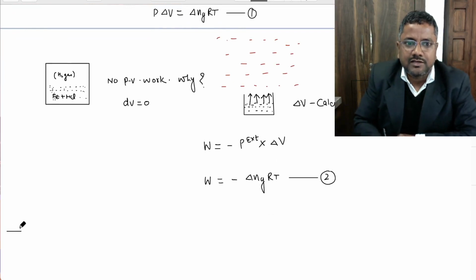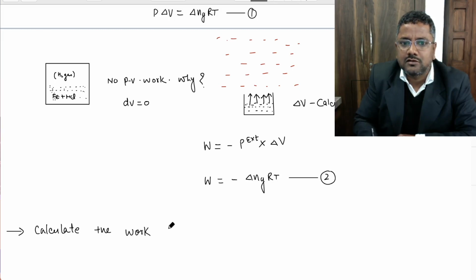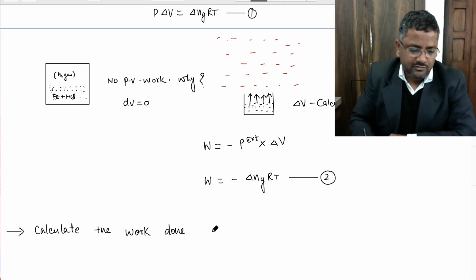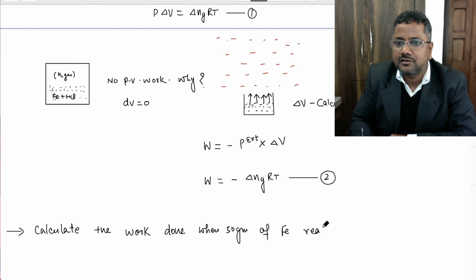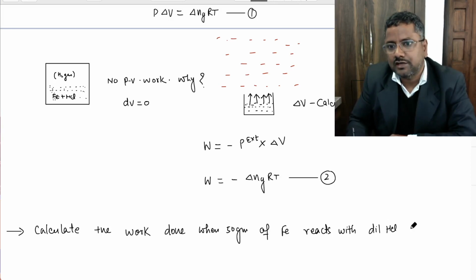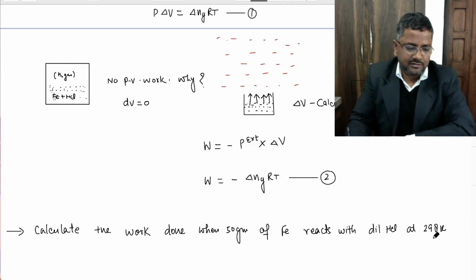For example, if we take a question that calculate the work done when 50 gram of iron reacts with dilute HCl at 298 Kelvin, right?